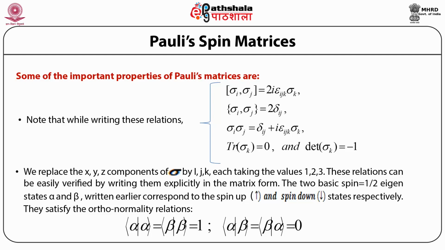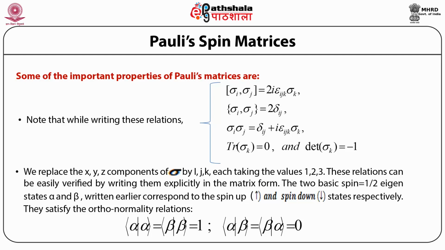So wherever in the relation we see that the indices i, j and k are occurring, they actually refer to the three components x, y, and z. If i is component x, then j will be component y and k will be component z. And similarly, we can do it in a cyclical order, and accordingly we can get which component is being represented by i, j, and k.